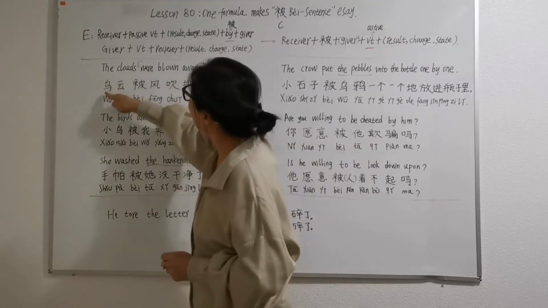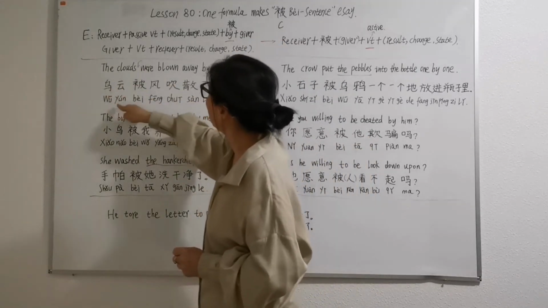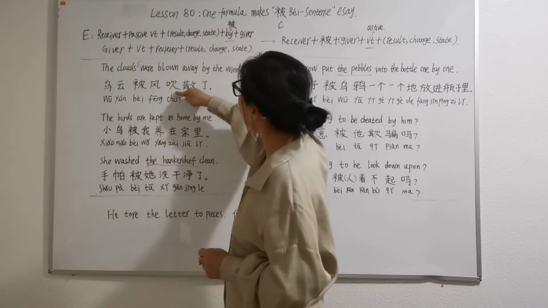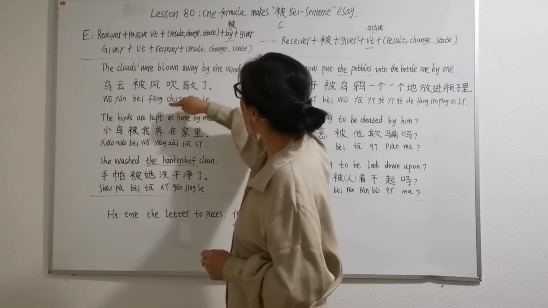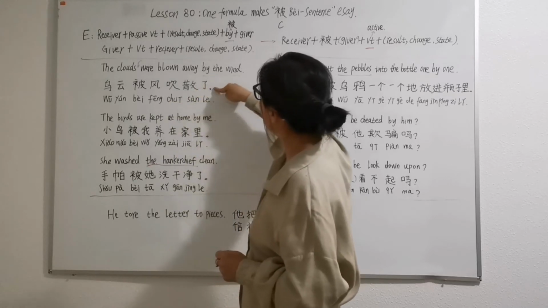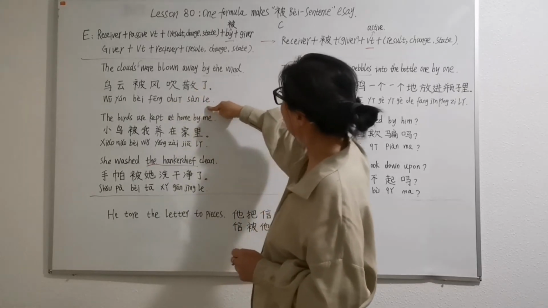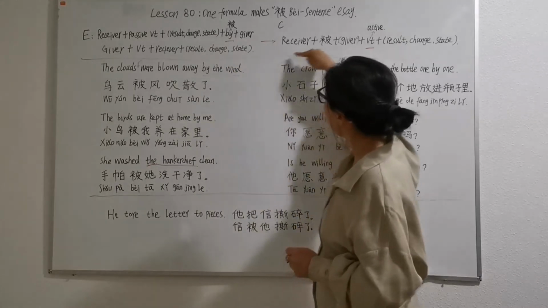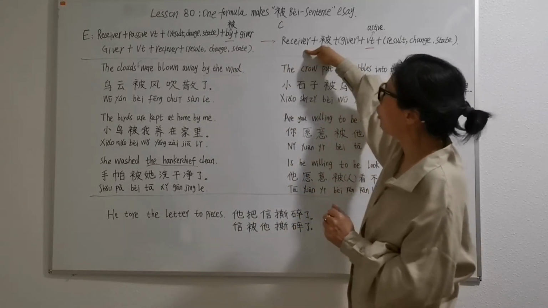The clouds 乌云, were blown 被吹, away 散了. So how to change it into 被-sentence?